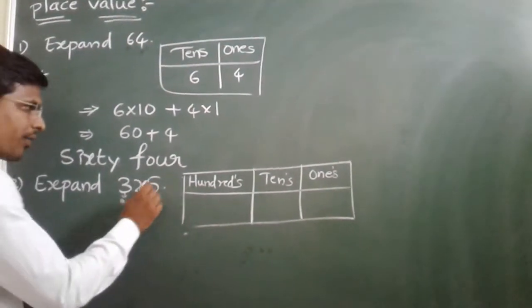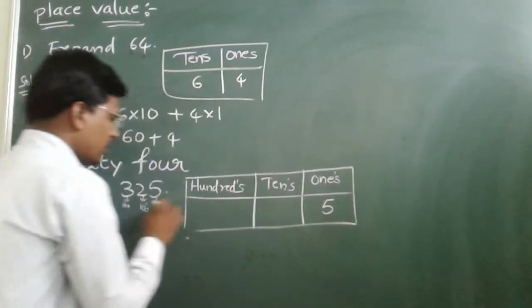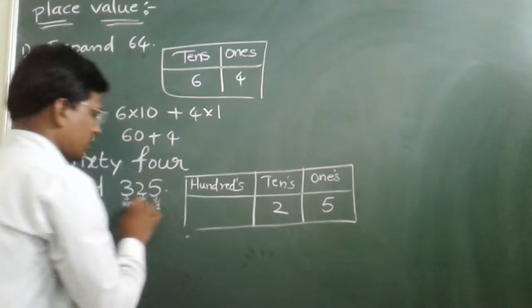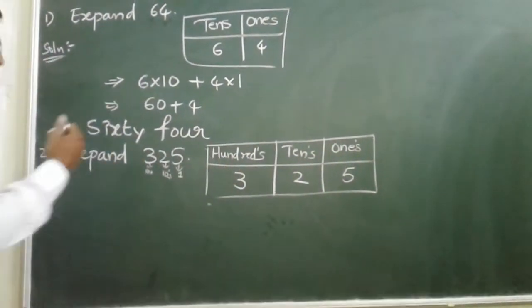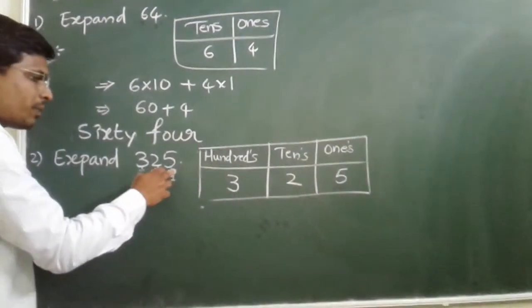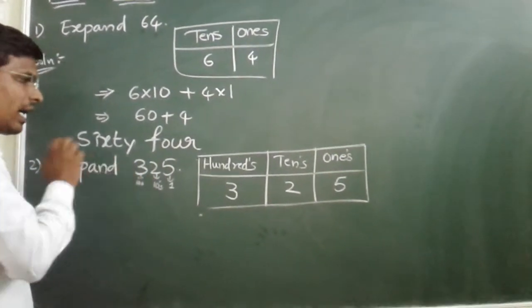Right to left you should name it as ones place, tens place and hundreds place.